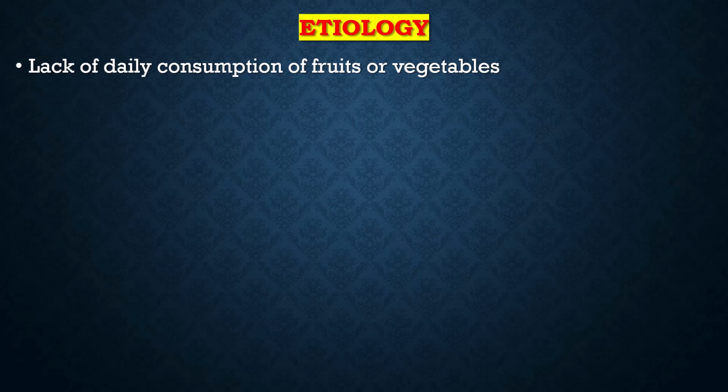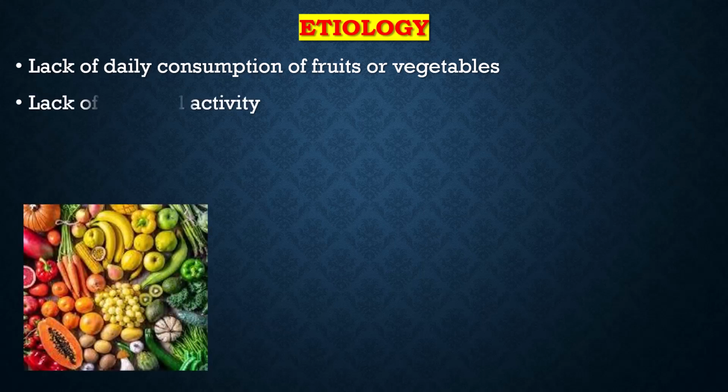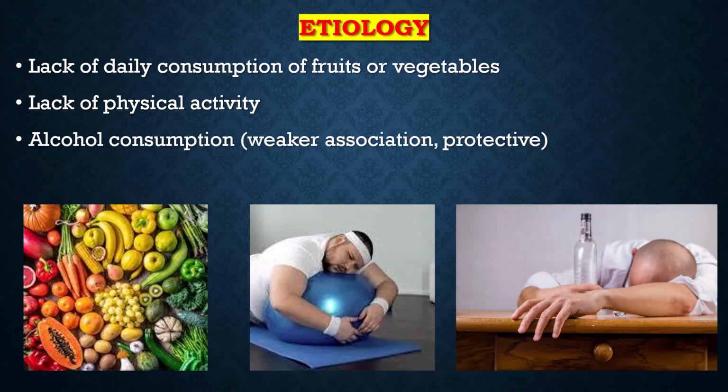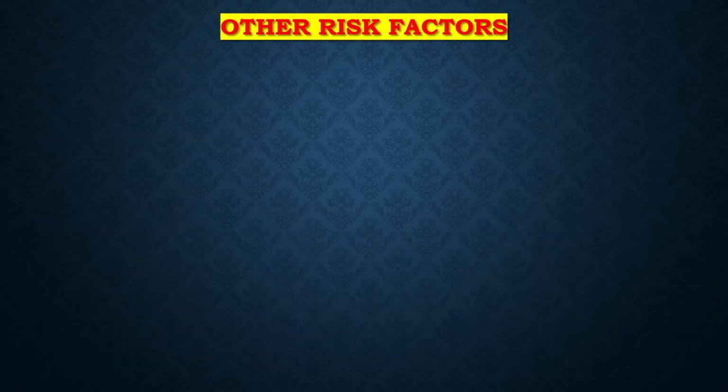Lack of daily consumption of fruit or vegetables, lack of physical activity, alcohol consumption. This is a weaker association because some researchers think that alcohol protects the heart or reduces the risk of coronary artery atherosclerosis in low quantity.